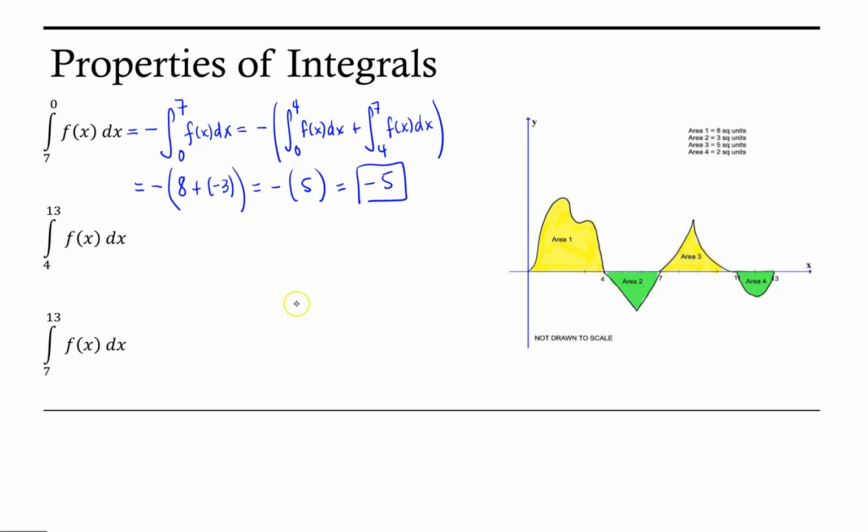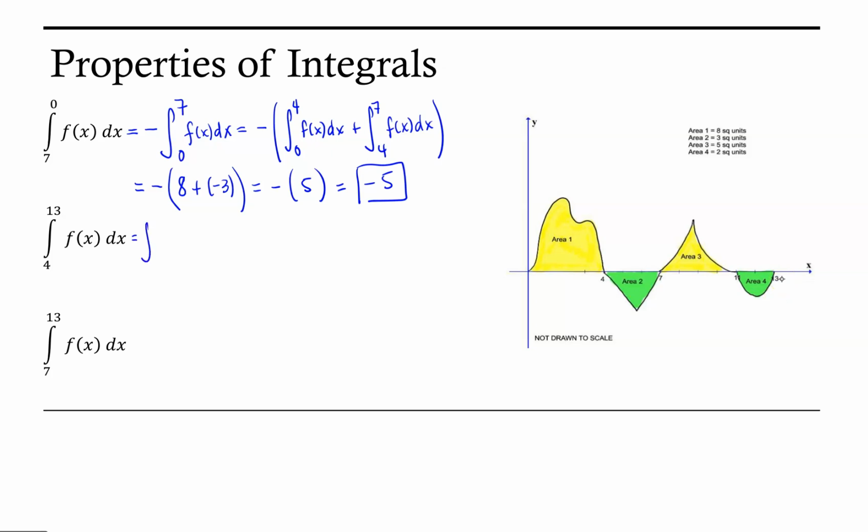Our next example is the integral from 4 to 13. From 4 to 13, notice we have 3 separate regions represented. So we'll have 3 separate integrals, one from 4 to 7, one from 7 to 11, and the third from 11 to 13.